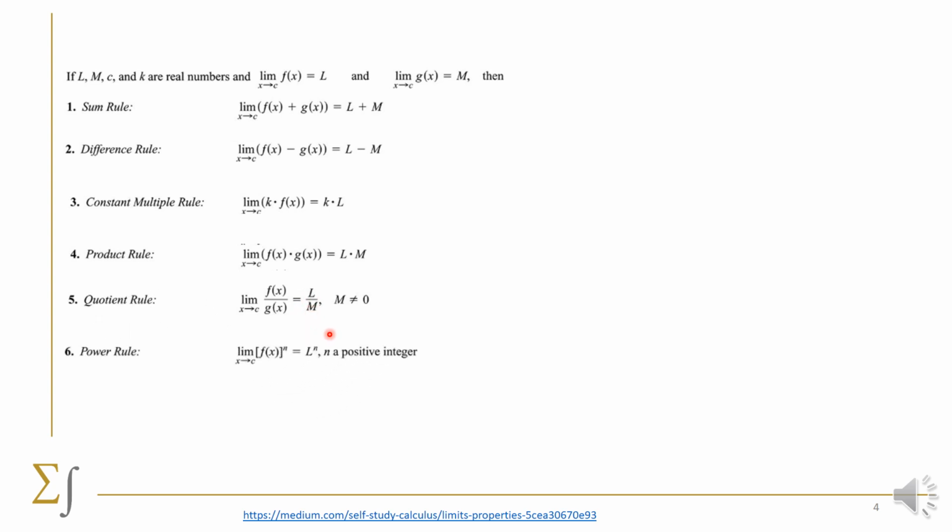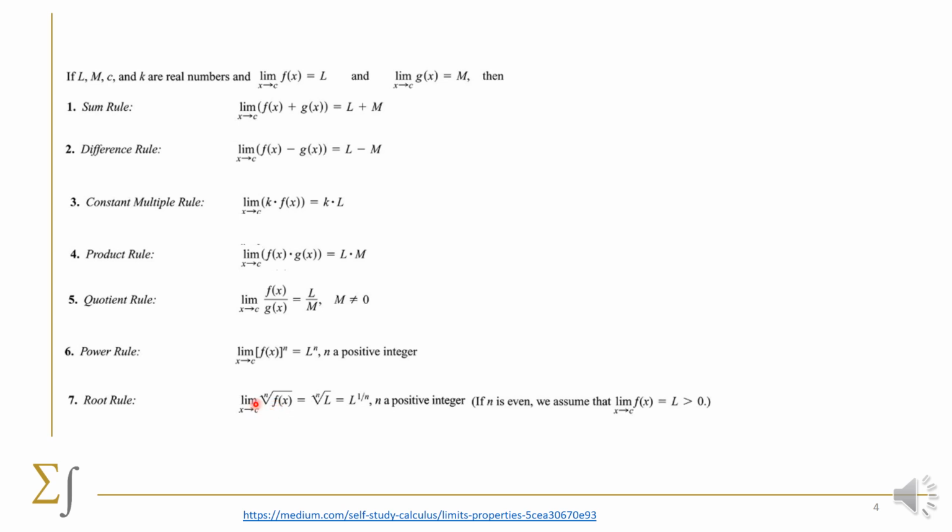Number 6, the power rule. The limit of f of x all to the power n is equal to, we can make the limit enter inside, the limit of f of x as x approaches c all to the power n, which is equal to L to the power n. n is a positive integer. The root rule: we can make the limit go inside the root.